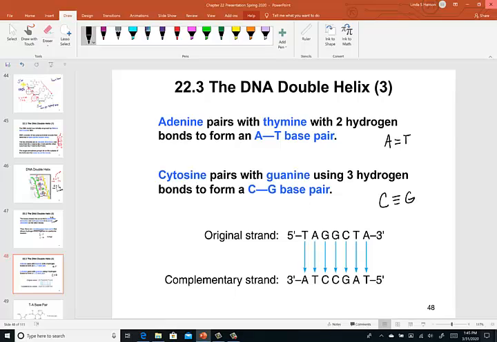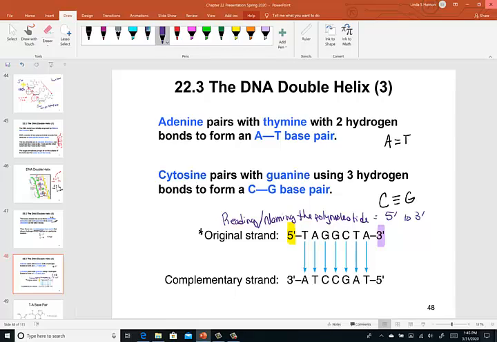And so if we call the original strand the 5' end to the 3' end, and that's how we always read the code, right? When you are reading, and I mean naming the polynucleotide, you always read from 5' to 3'.